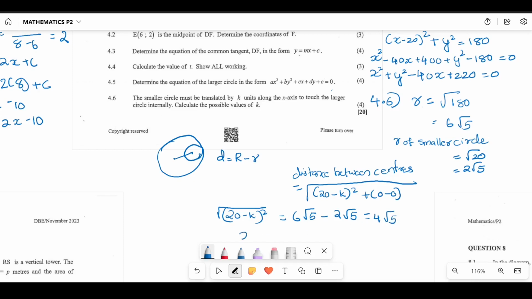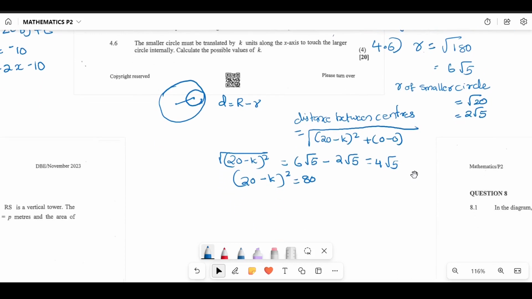That gives (20 − k)² = 80, since 16 times 5 is 80.